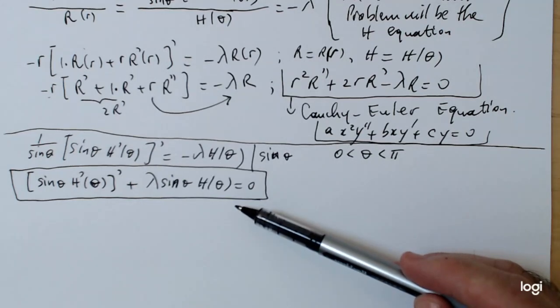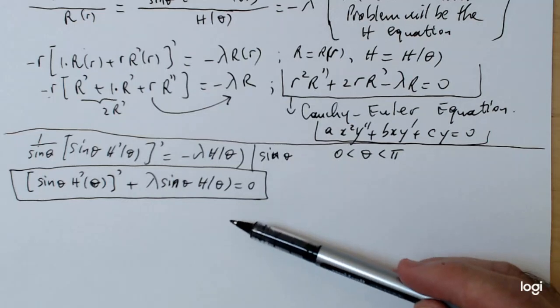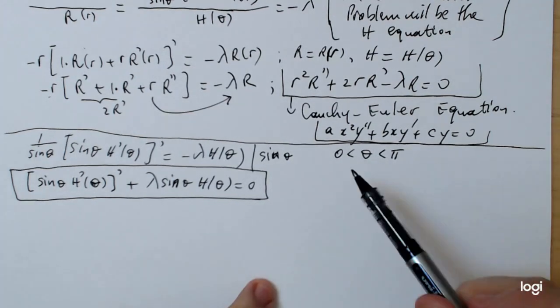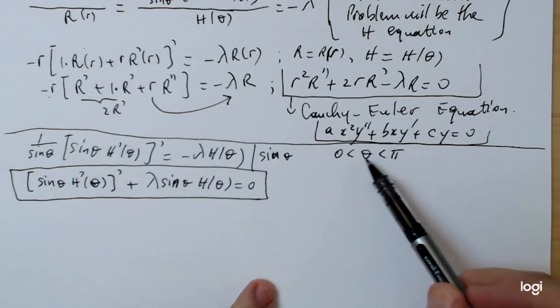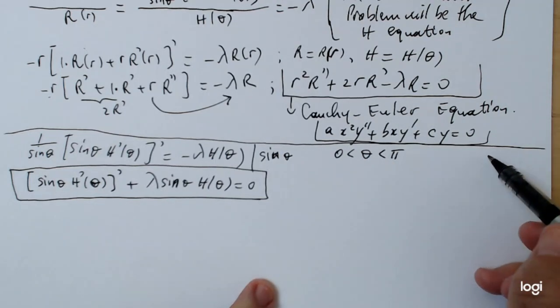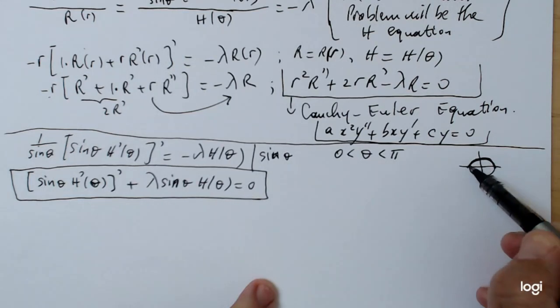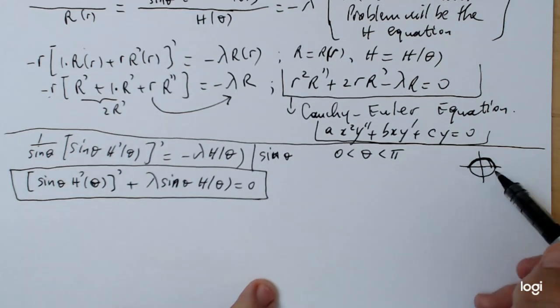So let's do the substitution and then finally end up with what constitutes the standard Legendre equation. Because of this domain for theta, and remember, if you look at trigonometric functions, if theta is between 0 and pi, the cosine corresponding to this range is going to be between -1 and 1.